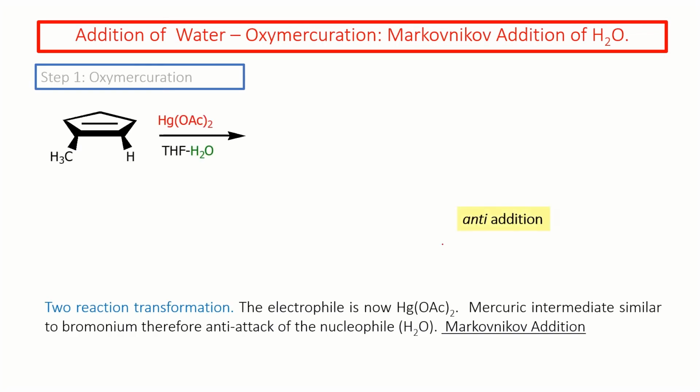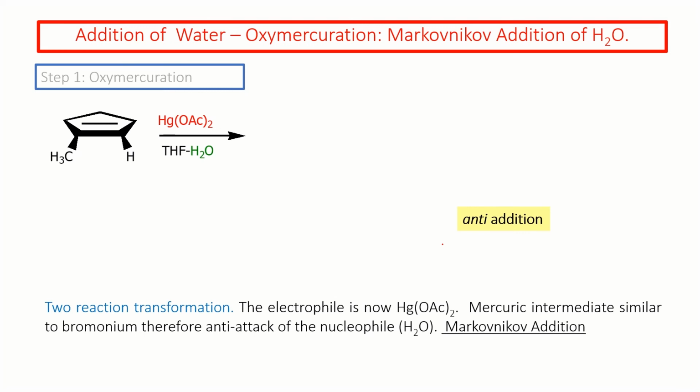Now there's also the addition of water to the alkene. We call this oxymercuration. And this is terribly important because when we use an acid to add water, it's a very harsh reagent.